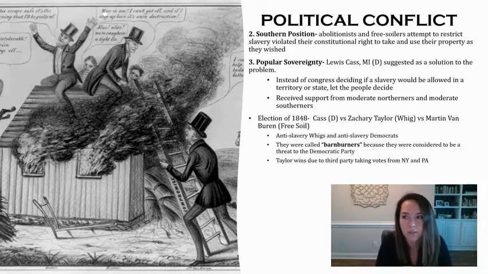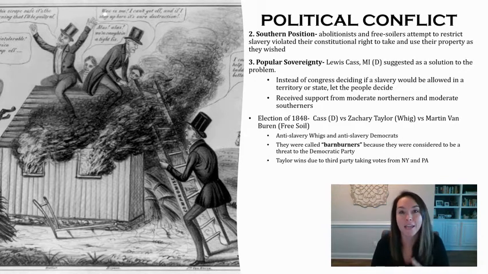Instead, let the people that are living in that territory decide if they want it to be a slave state or a free state. And a lot of people liked it. Moderate Southerners and moderate Northerners kind of liked the idea. It seemed very democratic. You'll come to find out why it didn't end up working. But that's the third position on expansion of slavery in the West.